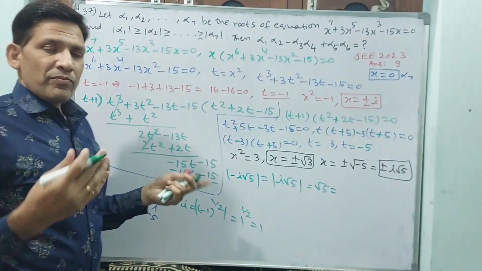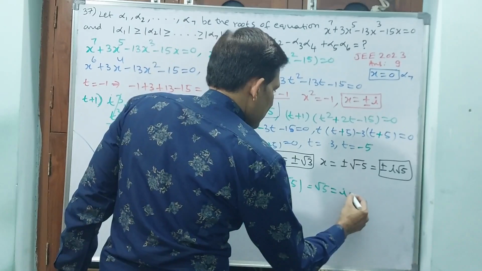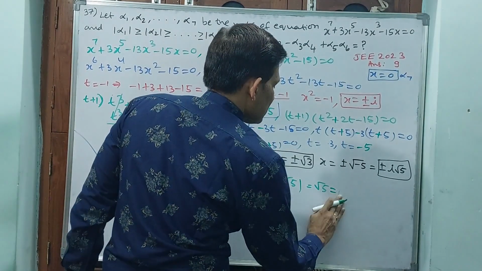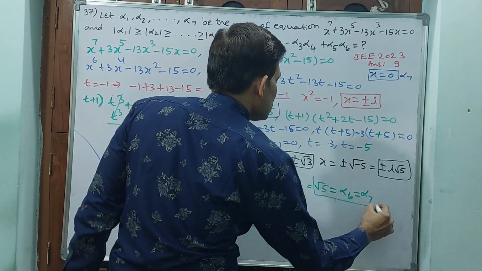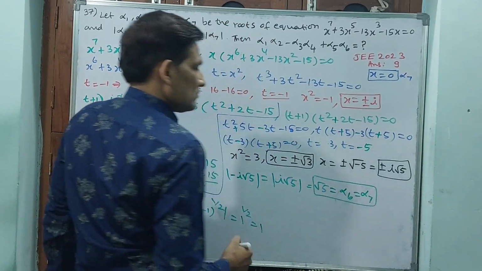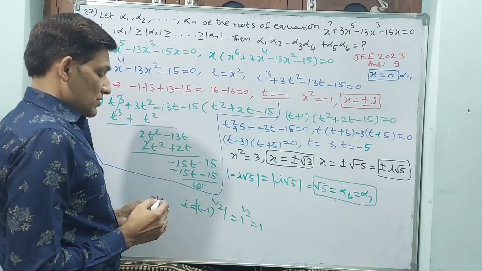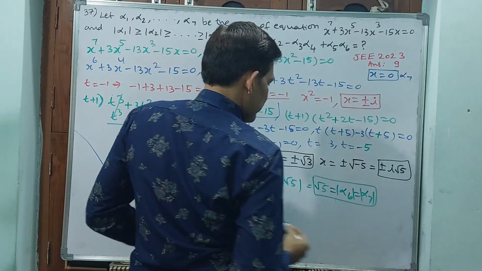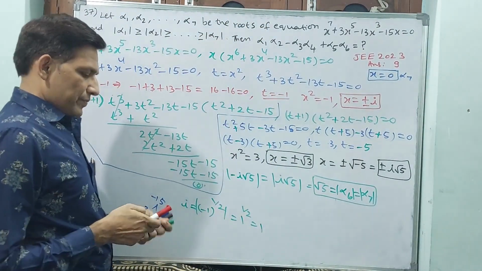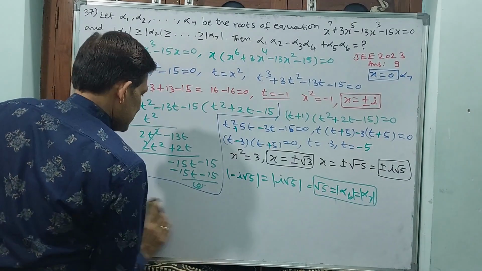We can say alpha 6 and alpha 7, that means modulus of alpha 6 is equal to modulus of alpha 7 is equal to root 5. Modulus I am keeping. Without modulus the meaning is going to change.